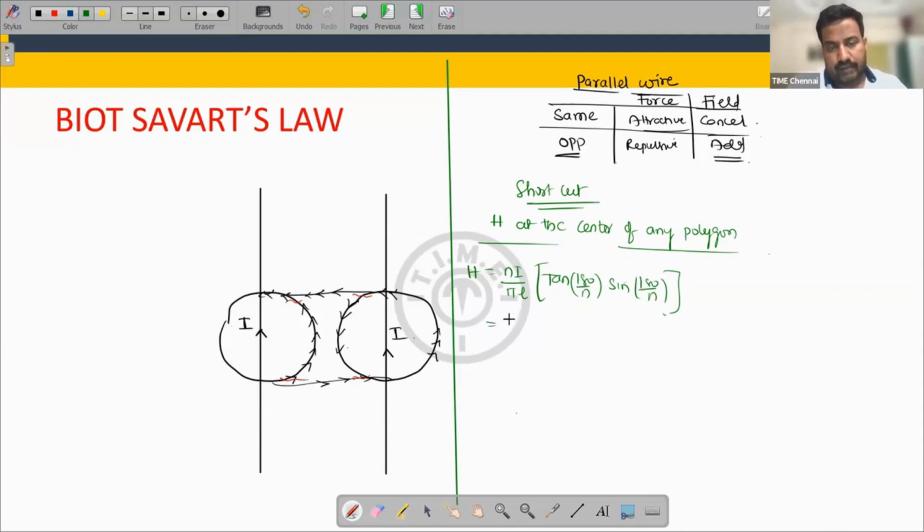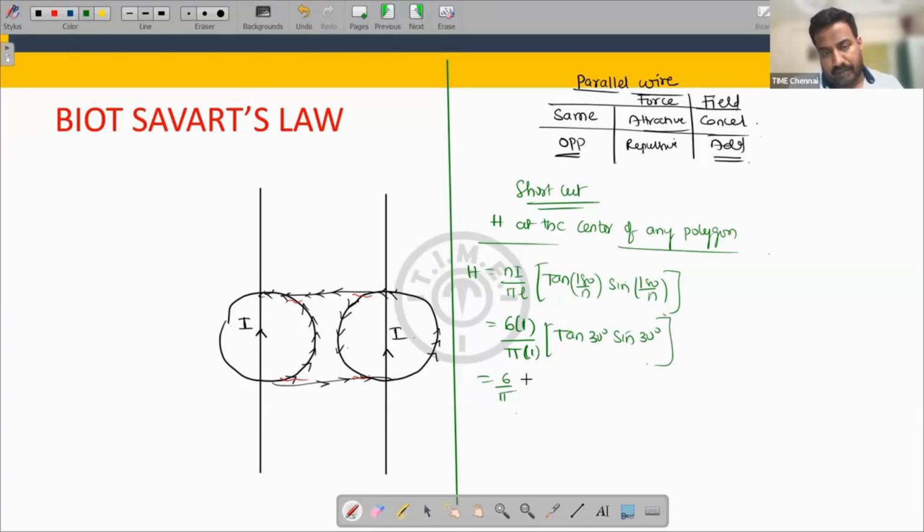Here it is hexagon, N is 6, current is 1 amp, pi, length on each side is 1, tan 180 by 6, tan 30, into sin 30.